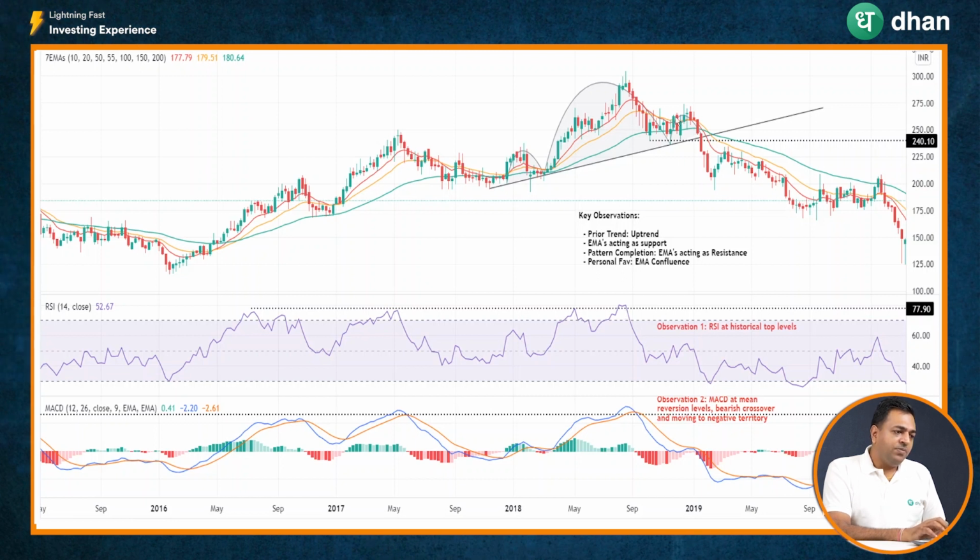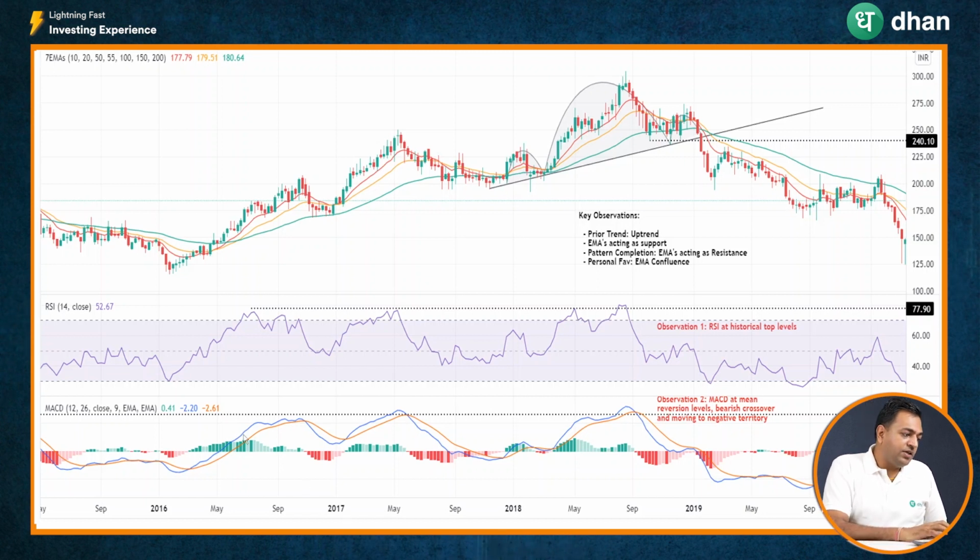And upon the completion of this pattern, which I am able to spot here, I have a similar observation, which means if history has to repeat itself, one of the premises of technical analysis, then there is a good chance that when the RSI is touching this level, which is not able to sustain, the RSI needs to cool down, and for the RSI to cool down, the sellers have to start overpowering the buyers.